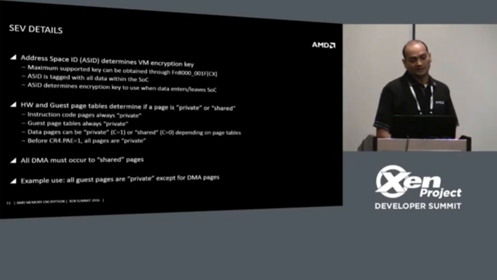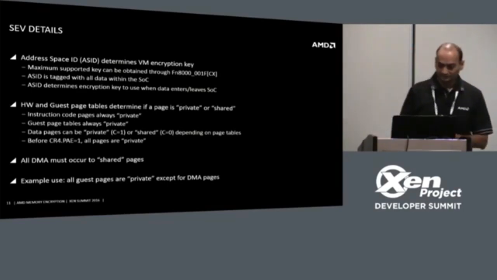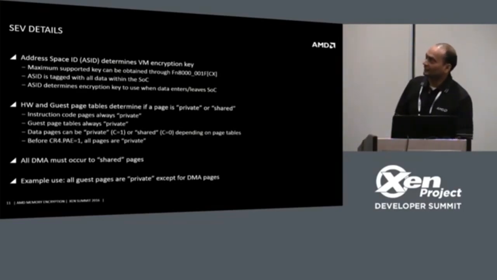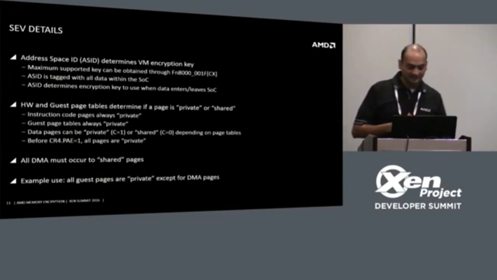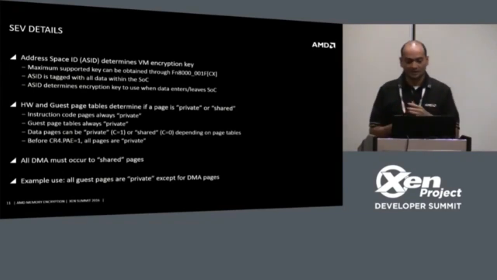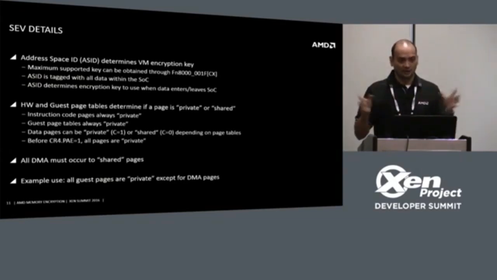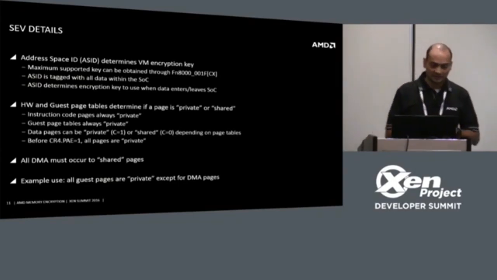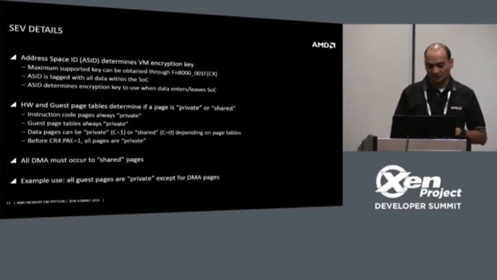Now slightly more detail about SEV. The way keys are managed is through the ASIDs. In the VMCB, you have the ASIDs, which we tag. The ASID gets tagged for all the data inside the CPU.